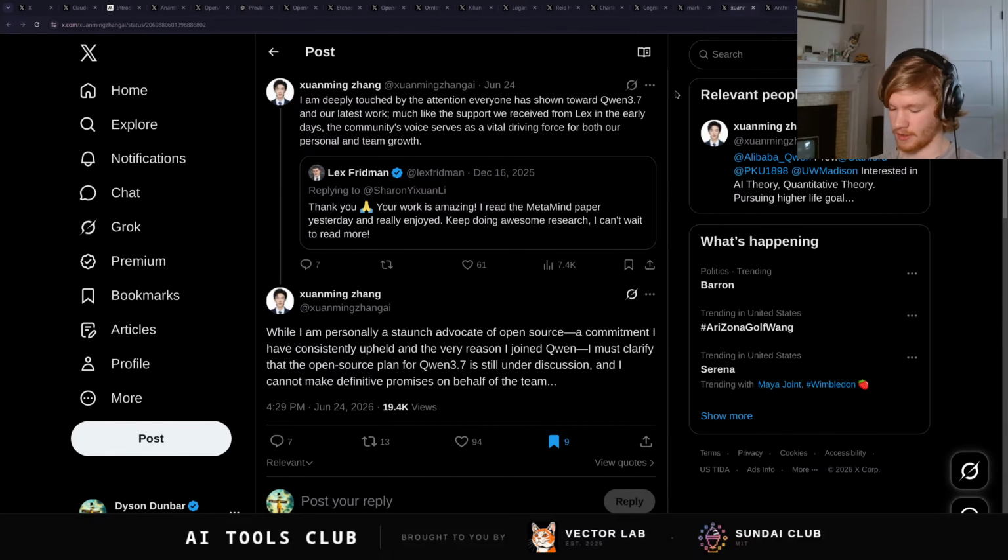Alibaba, the parent company, brought in one of the head people from the Gemini team to go and lead the new Qwen team. And they basically pushed out the original guys who had been building Qwen from basically the start all the way to Qwen 3.5. So there was a big question on whether or not the Qwen models would be continuing to be open sourced in the future.